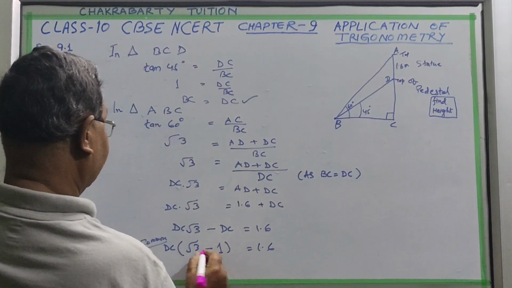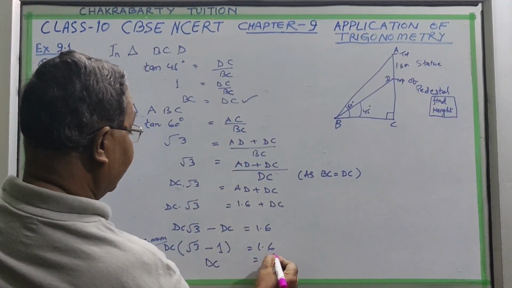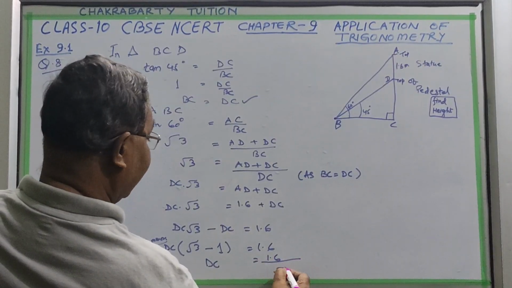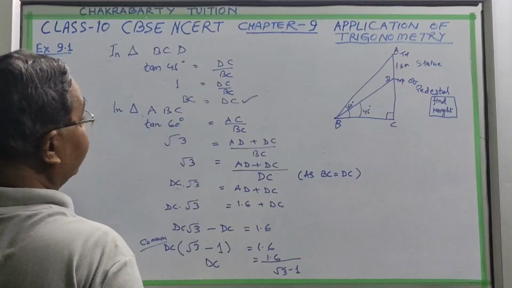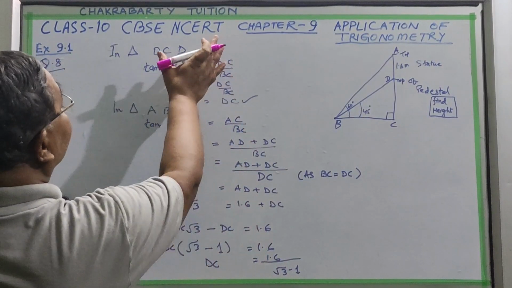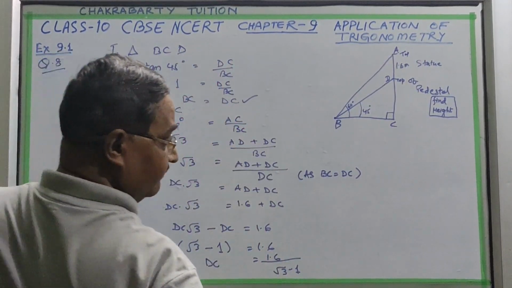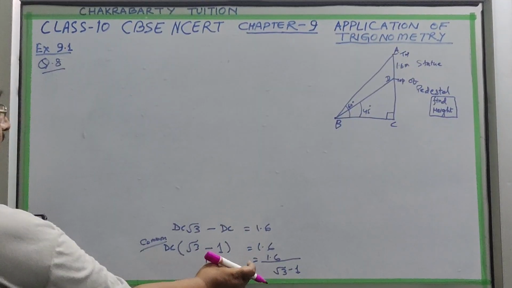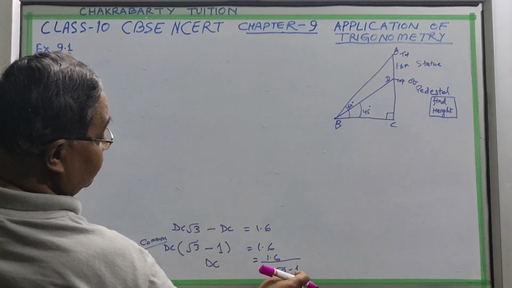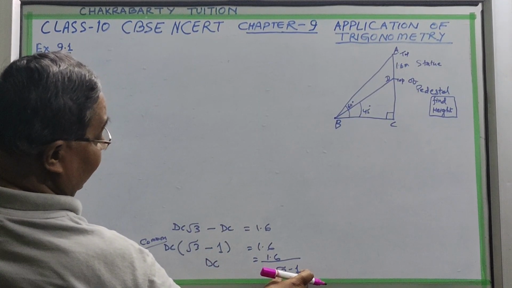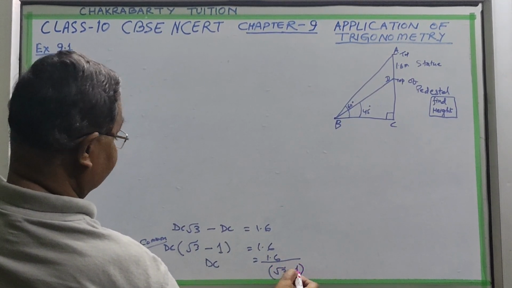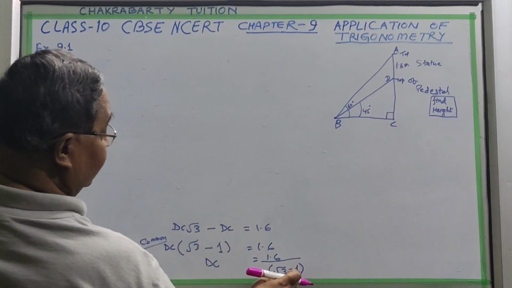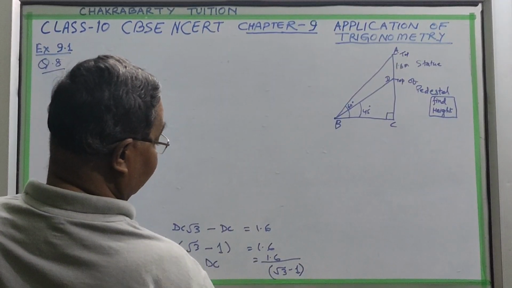Or DC we can write now, this will go to this side: 1.6 upon under root 3 minus 1. Okay. Now I will rub this, and from here I will do the further question. So from here it is minus 1, so we will rationalize it. Rationalize means we will multiply by under root 3 plus 1, so that a square and b square we can get.